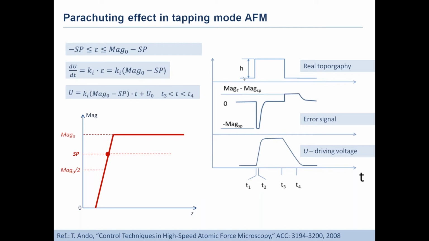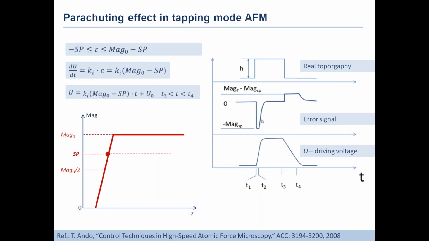Let's consider what would happen if we are trying to scan the simple step, like a step of the calibration grating. The error signal, that is an input signal for the feedback system, will be equal to 0 before we will come to this step. Once we come to the step, the amplitude of cantilever oscillations almost immediately becomes equal to 0. This means that the error signal becomes equal to actually set point.